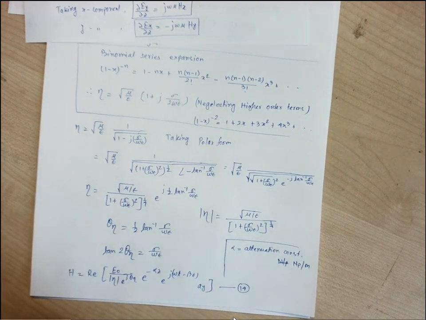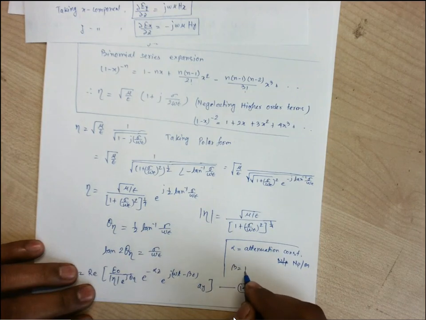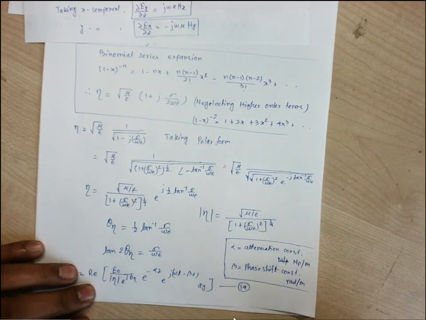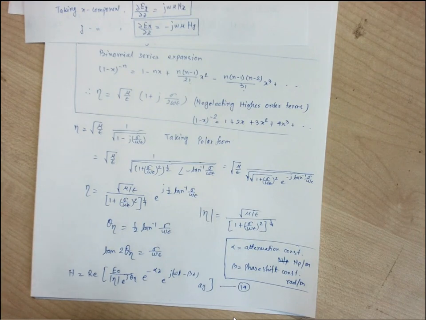Beta is the phase shift constant, it is radian per meter. Phase shift constant is radian per meter. These are the two things.